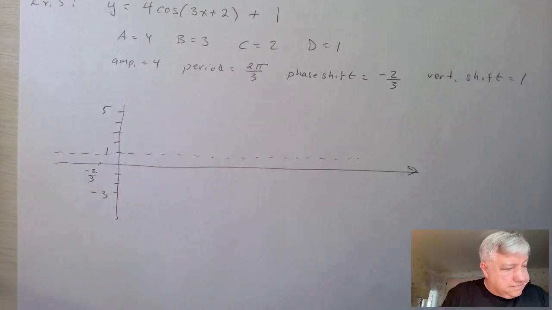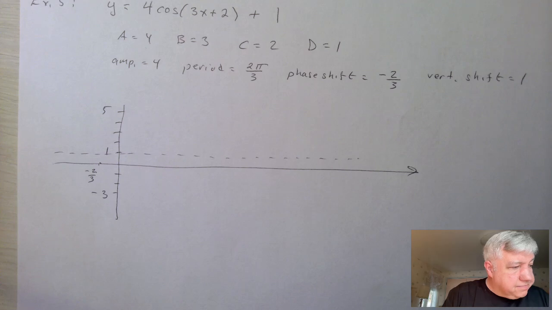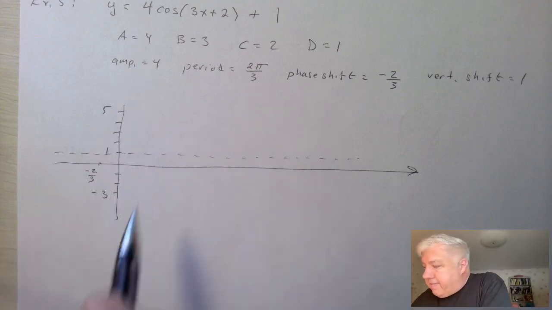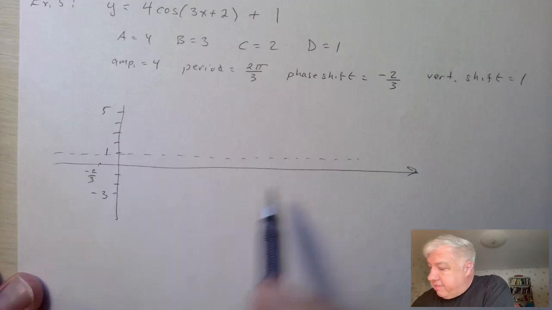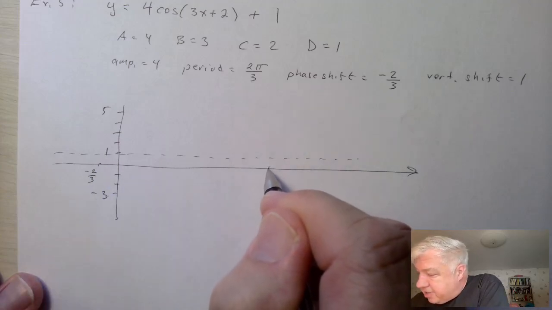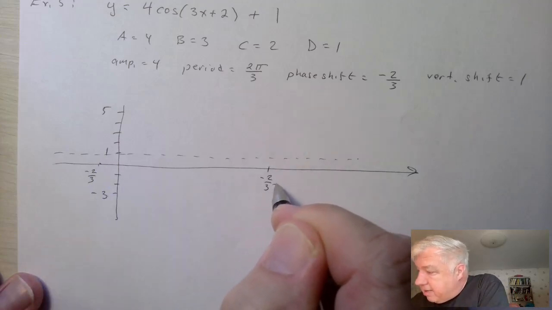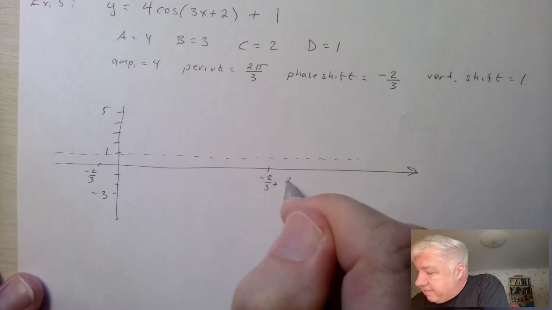And at this point, the one cycle finishes at negative 2/3 plus 2 pi over 3.